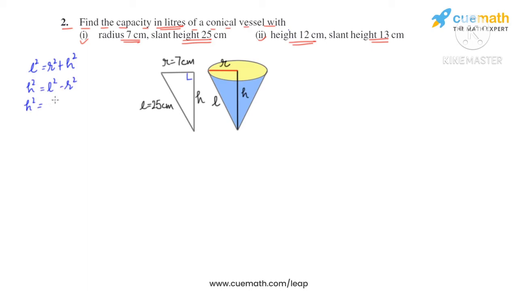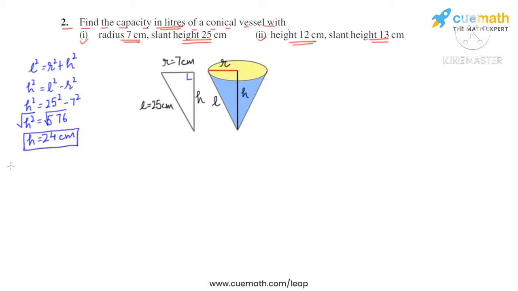L square means 25 square minus 7 square. When we simplify this, we will get 576. H square is equal to 576. It means we have to take square root on both sides to solve for H. So H will be equal to 24 centimeters.